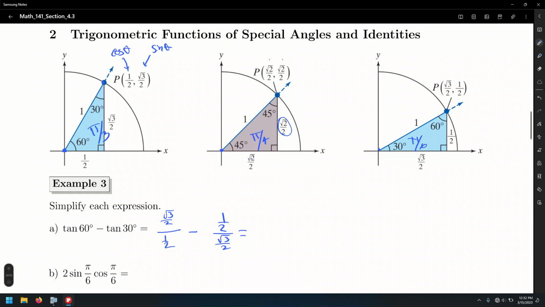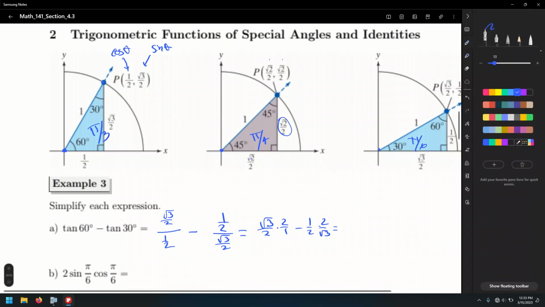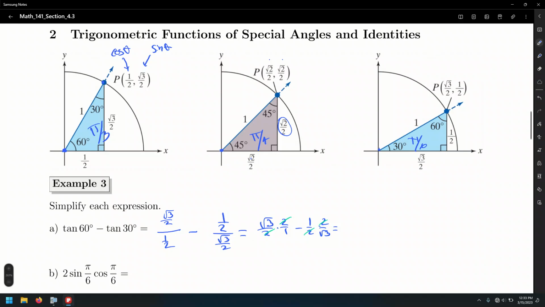Well, number one, when we divide fractions by fractions, let's multiply by the reciprocals of those fractions in each case. That is, root of 3 over 2 times 2 over 1, minus 1/2 times 2 over root of 3. Well, check what's going to happen. So we cancel the 2's, cancel the 2's.